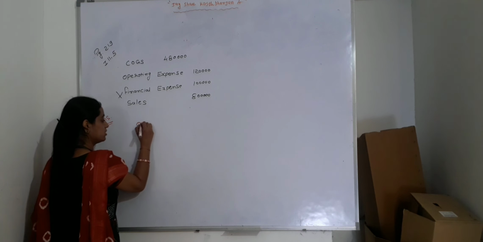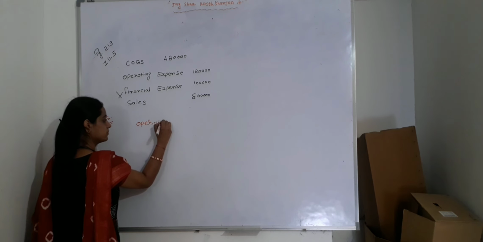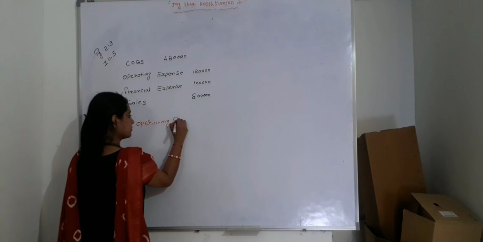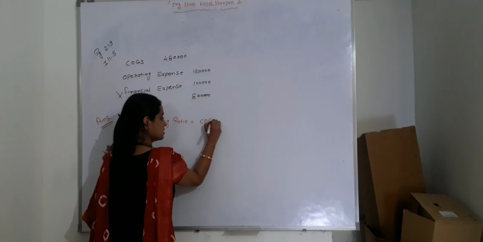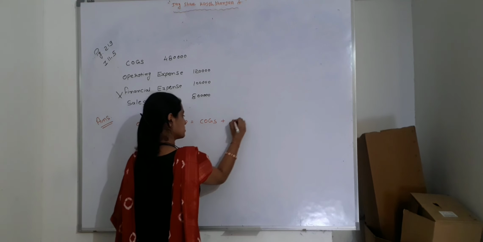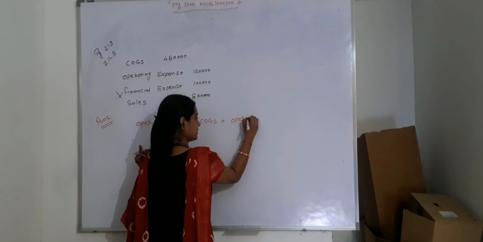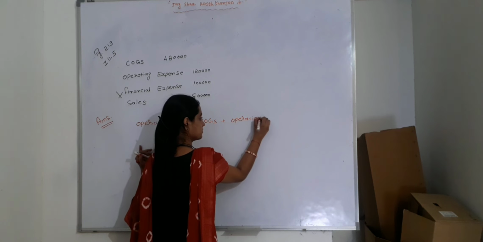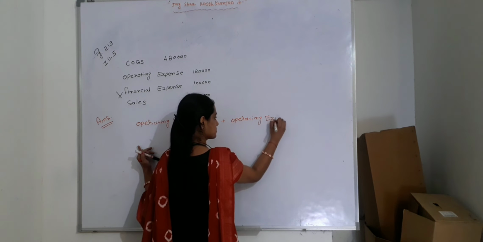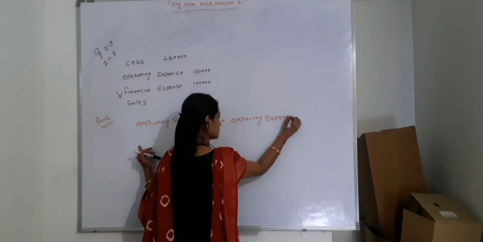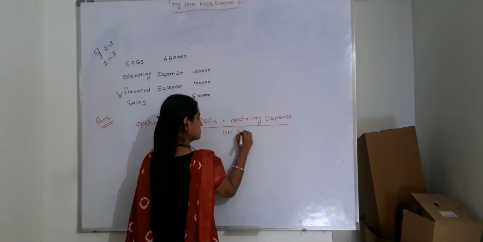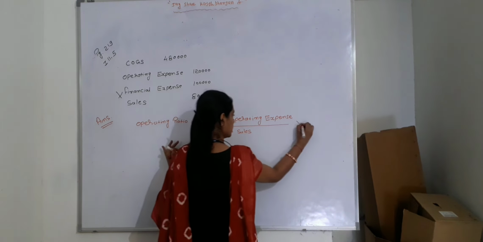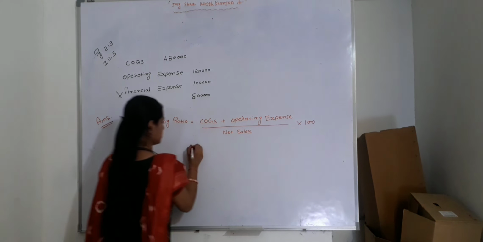So operating ratio is equal to COGS plus operating expense upon net sales into 100.